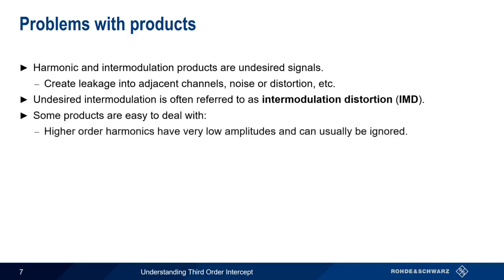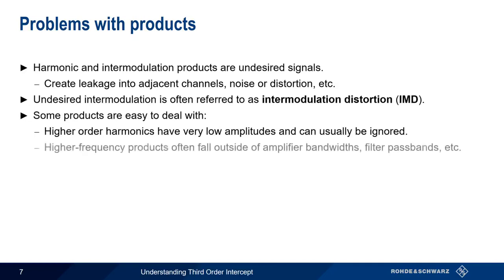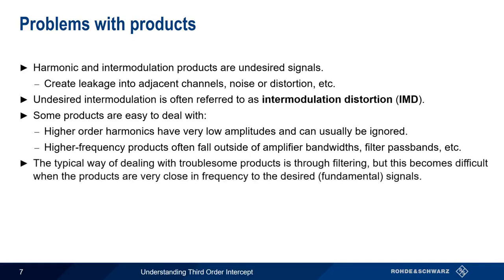For example, the amplitudes of harmonics decrease as the order increases, so very high order harmonics can usually be ignored. And in general, higher frequency products will often be suppressed because they fall outside of amplifier bandwidths or filter passbands. For the products that are still problematic, the typical way of dealing with them is through filtering, but this becomes very difficult when the products are very close in frequency to the desired or fundamental signals.